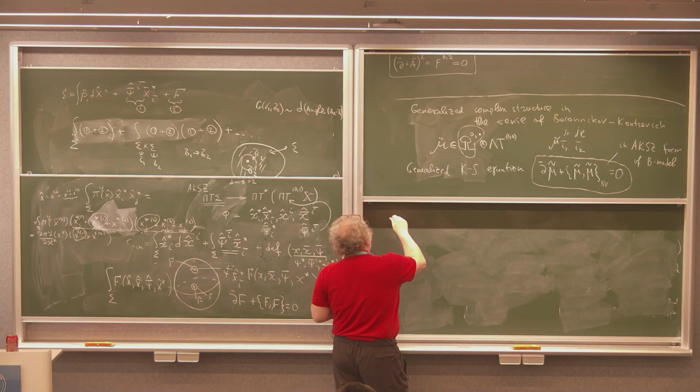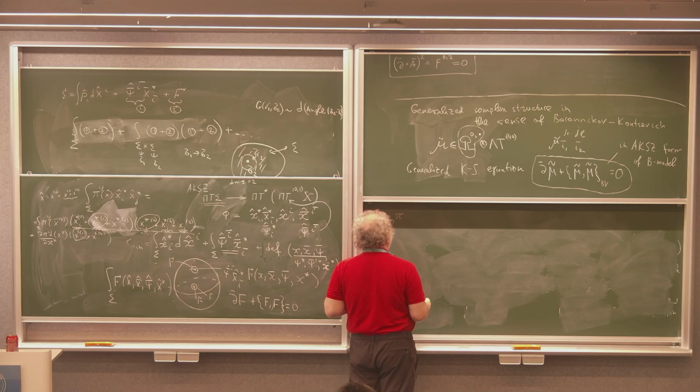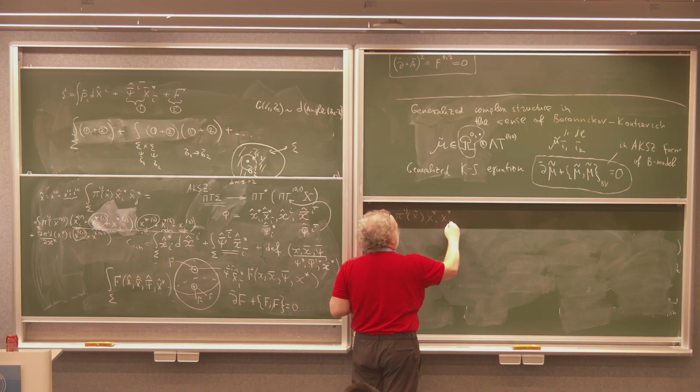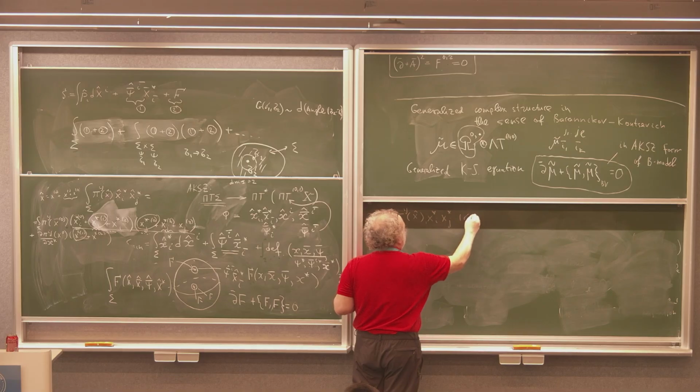Suppose I had a field pi that was dependent on the field x, and I put it at point sigma 1.